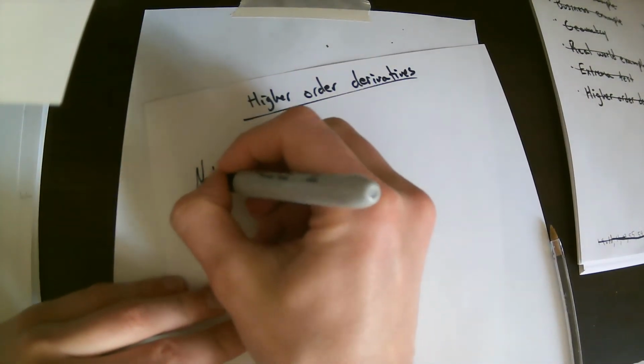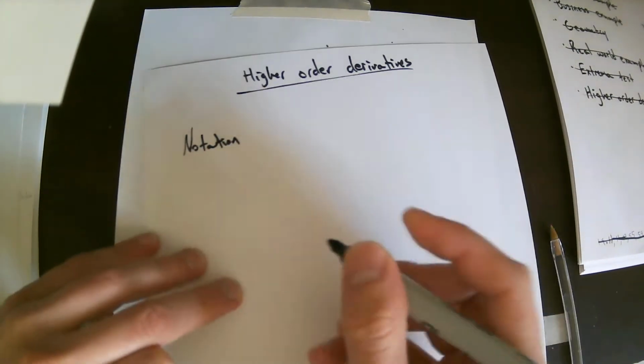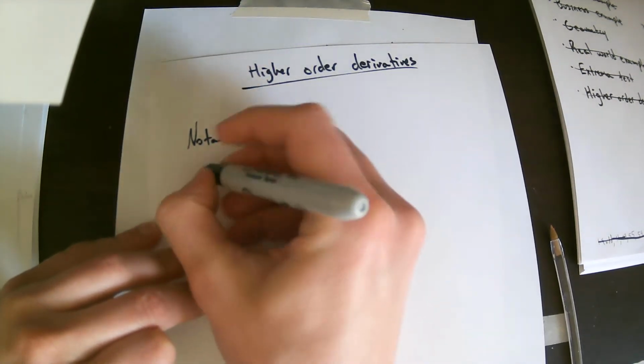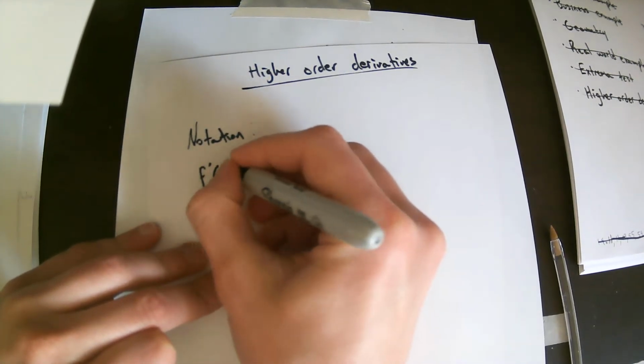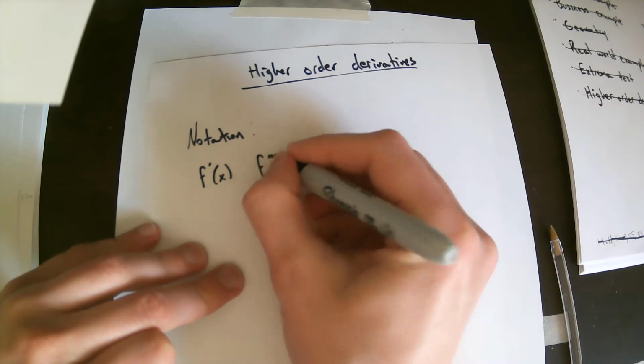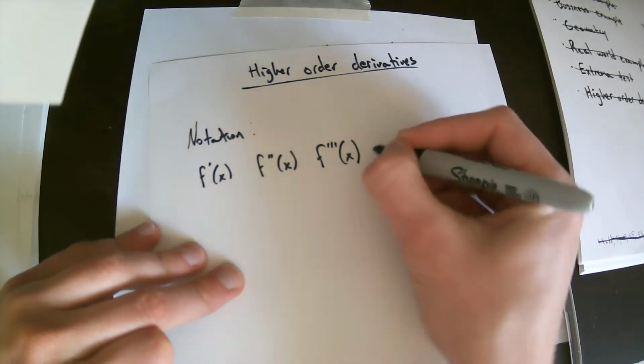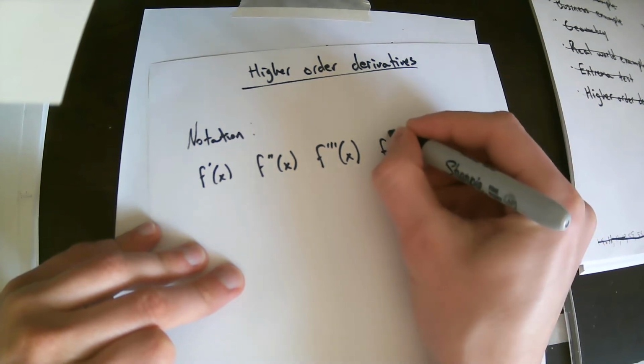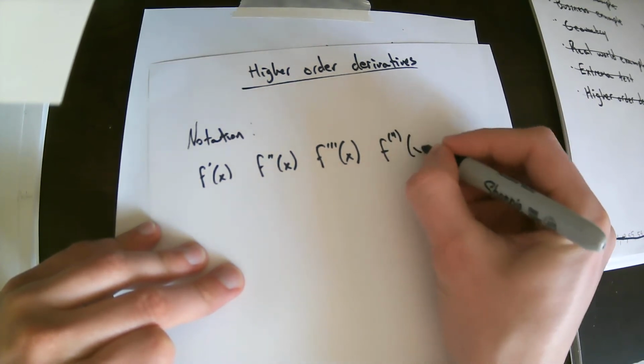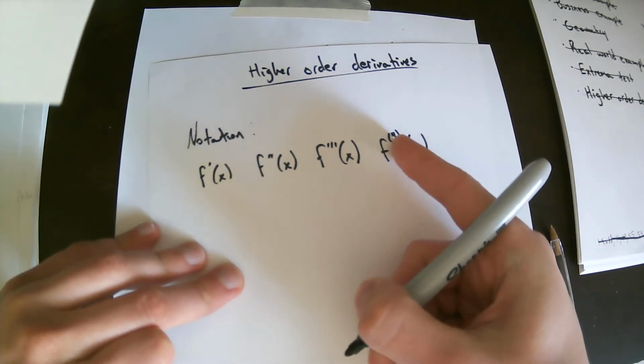First, let's just talk about notation. When you've got f prime of x, that's the first derivative, then you've got f double prime, that's second, f triple prime, that would be the third derivative. Once you get beyond 3, you start using this notation, little parentheses and the number of derivatives you're taking up there.